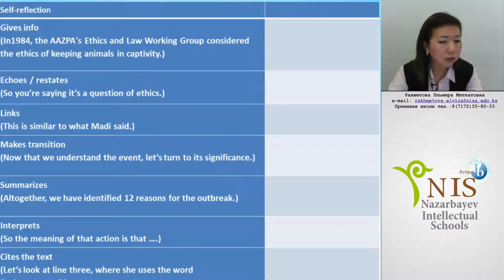So they can use this quote in order to express their opinion, share their opinion. Cites the text. Let's look at line 3, where she uses the word enhancement, for example. According to this, they will be given some time and they will evaluate themselves.